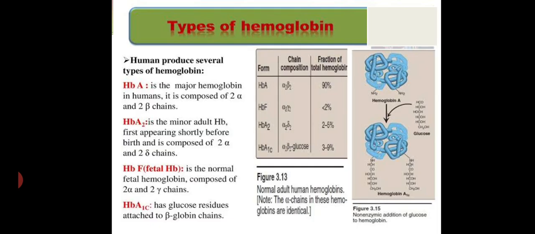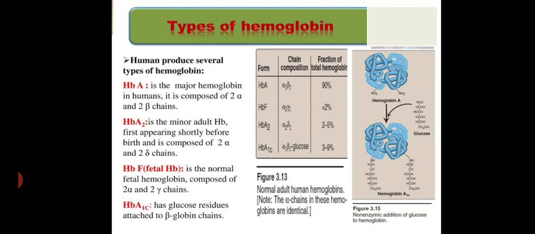Next are the types of hemoglobin. There are different types of hemoglobin. In all these forms, the heme portion remains the same, while the globin subunit composition differs.